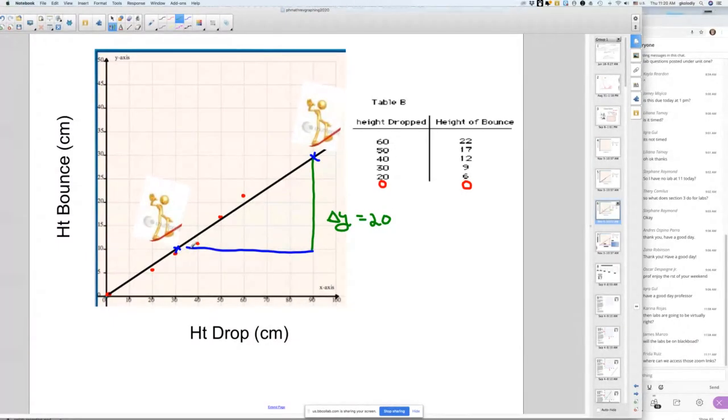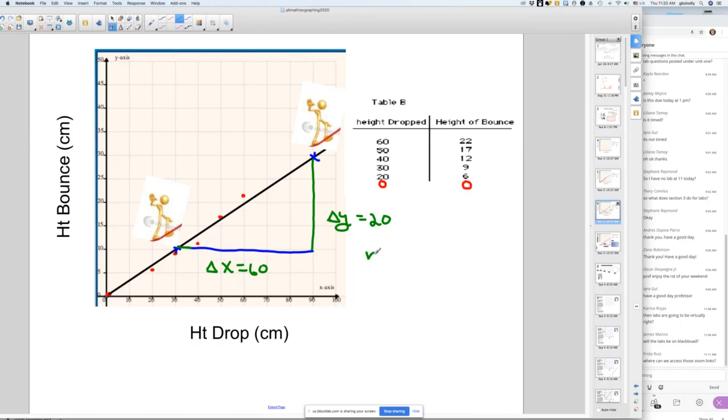Also, as you start from here, you have a run. This is called a run. You're going from 90 to 30. So the run, which we call delta x, is equal to 90 minus 30, which is equal to 60. The slope of this line is just the delta y divided by delta x.